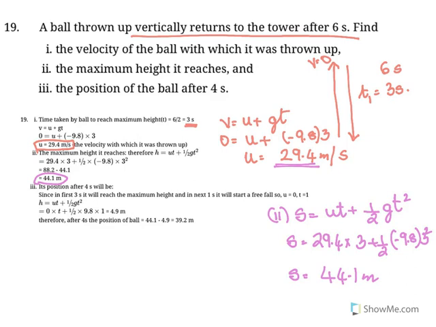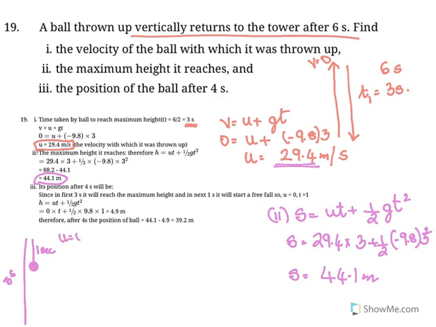The position of the ball after 4 seconds. So now after 4 seconds, it has gone up for 3 seconds, and then it will come down 1 second. So here is its position after 1 second.